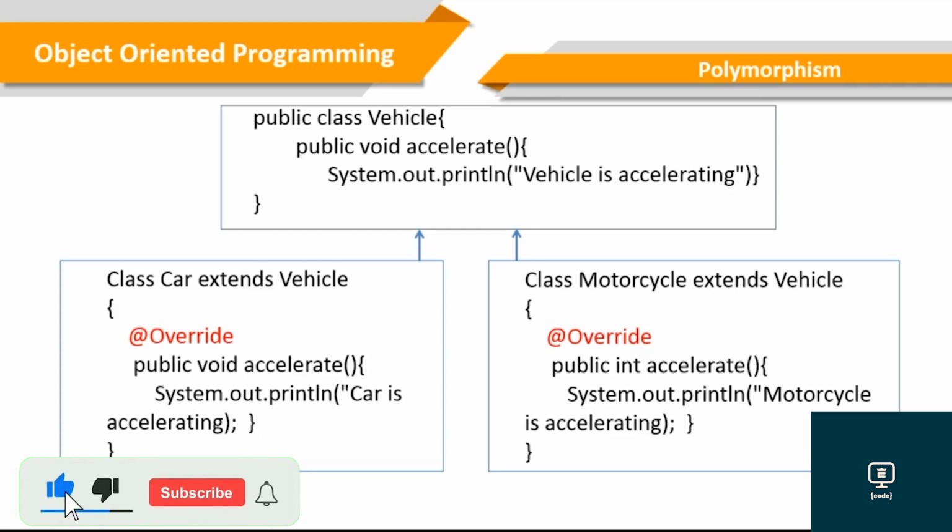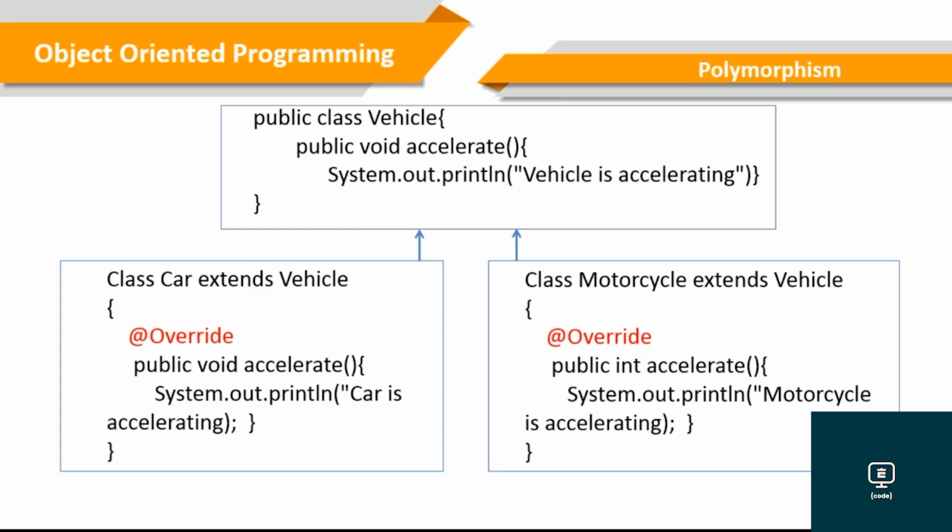So when we create an object of the subclass and then assign it to the superclass reference, if we call the overridden accelerate method on the superclass Vehicle reference, then the overridden method of the subclass will be called.